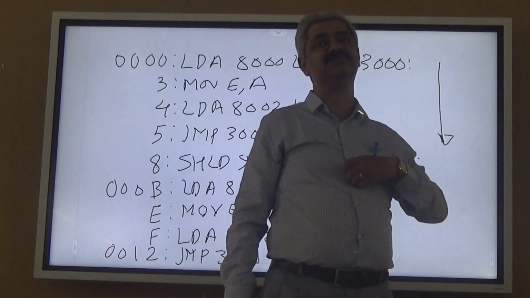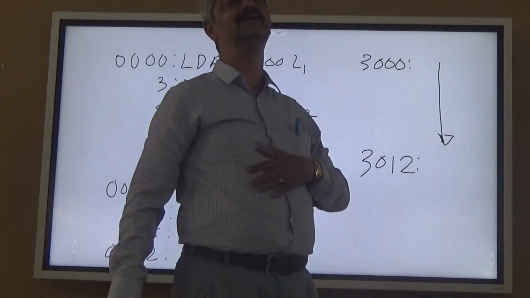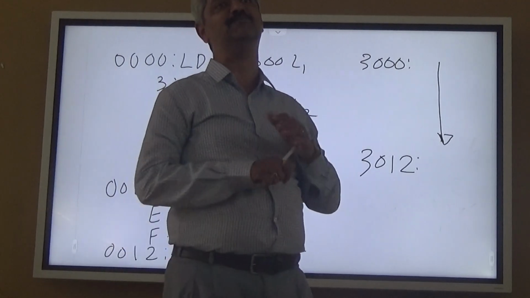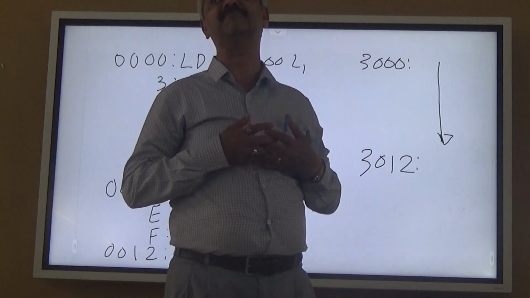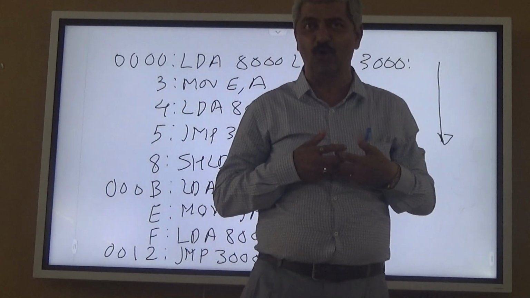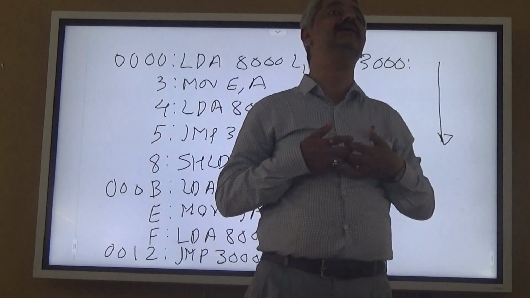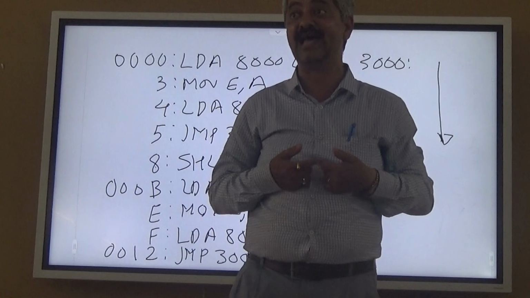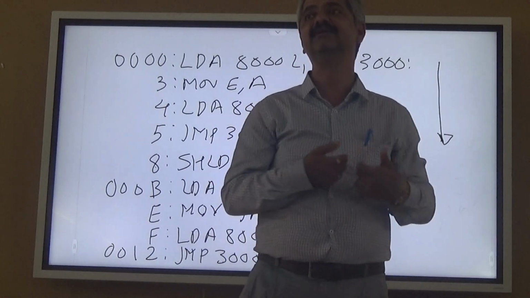What does the jump instruction provide me? Jump instruction provides me a direct branch, means where I should go is to be there as a part of the instruction, so that one's program is fixed.